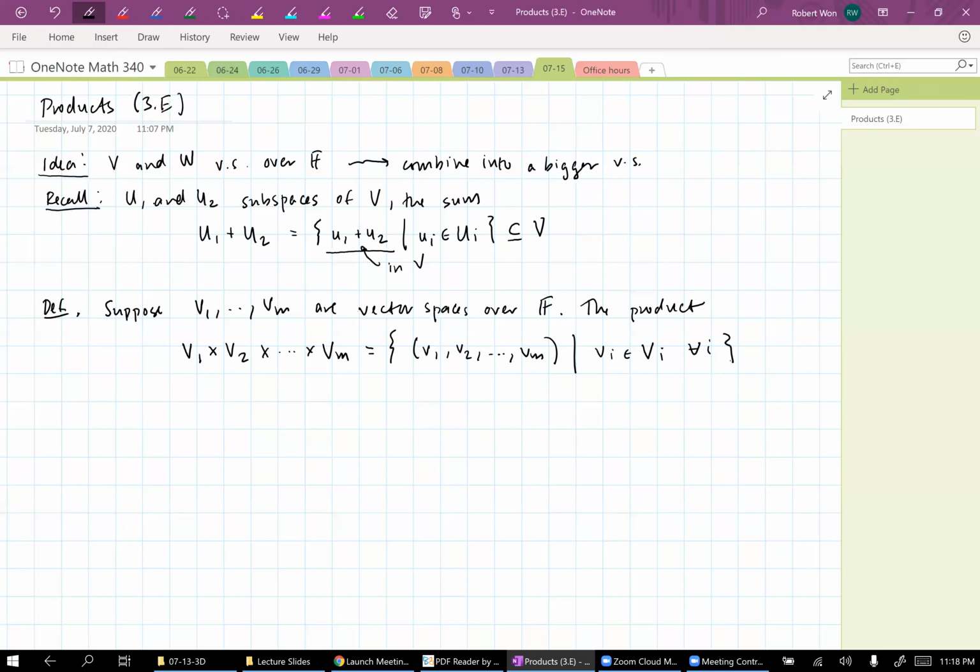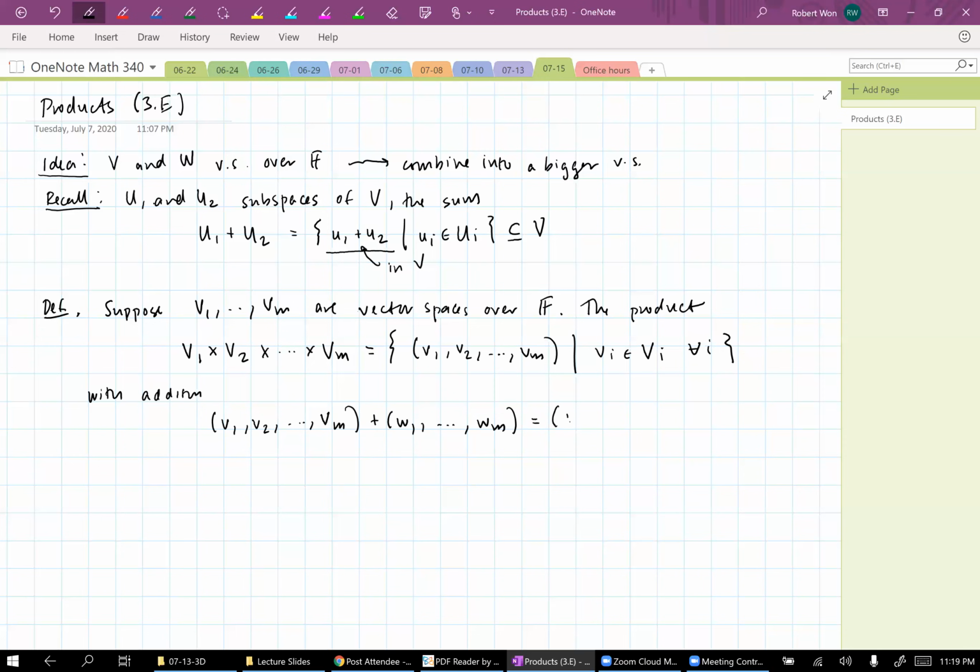Okay, but this is as a set. I need something to tell you the addition. Okay, so the addition and the scalar multiplication are sort of just maybe the nicest thing you could ask for, which is they just happen component-wise. Right, so if these are two vectors from the product, that means that V1 is in V1 and W1 is in W1.